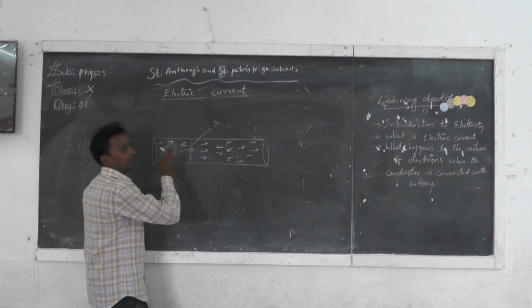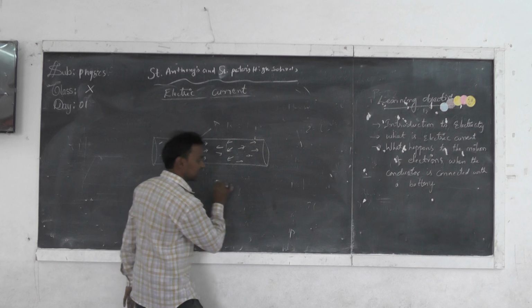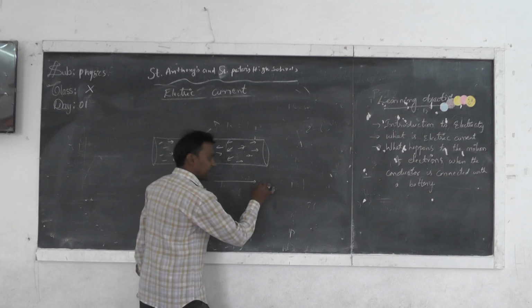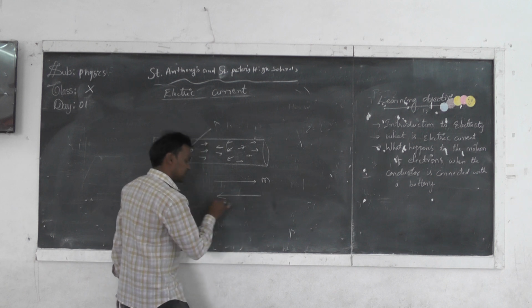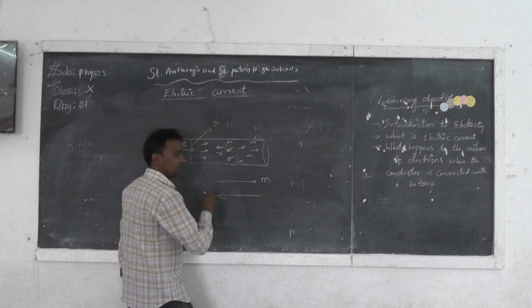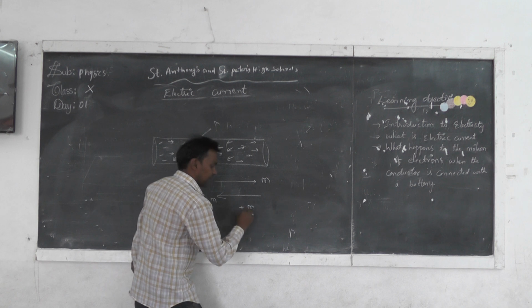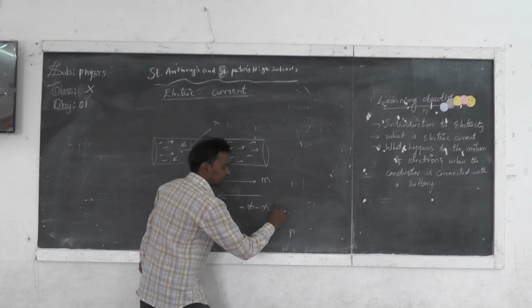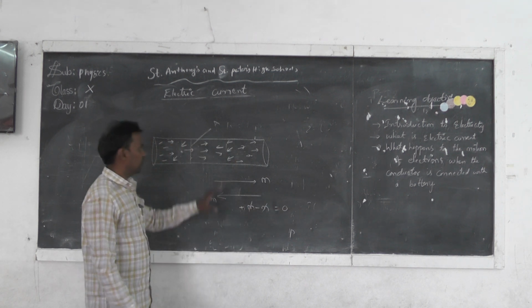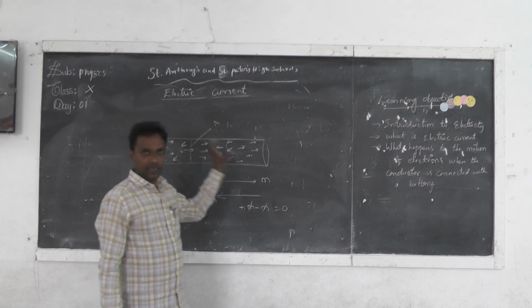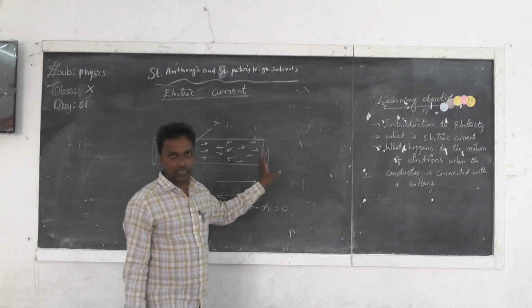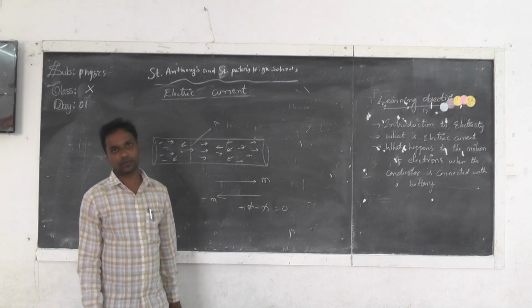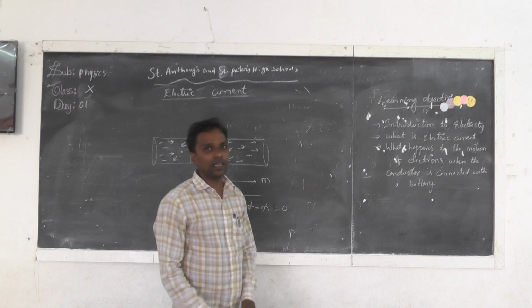That means whatever charges are going in one direction, suppose the magnitude is m, and the other side is minus m. If you add plus m and minus m, automatically the answer will be 0. Therefore, the net charge in this conductor will be 0.